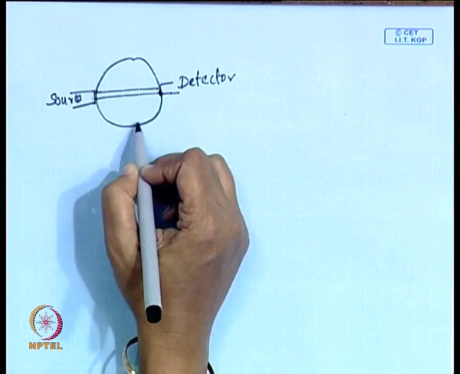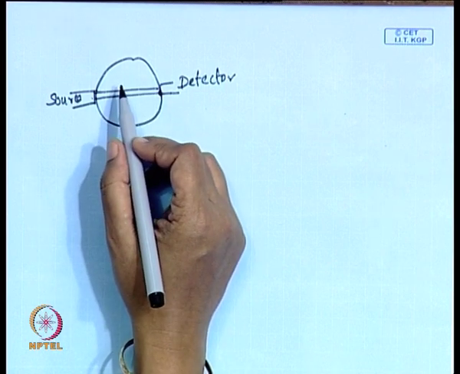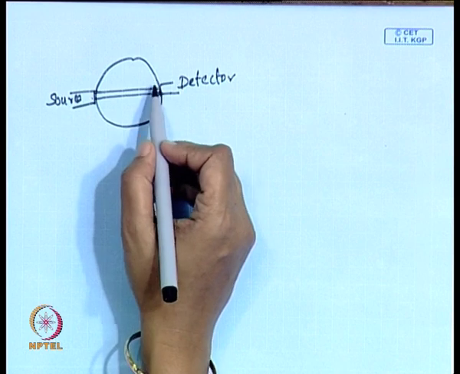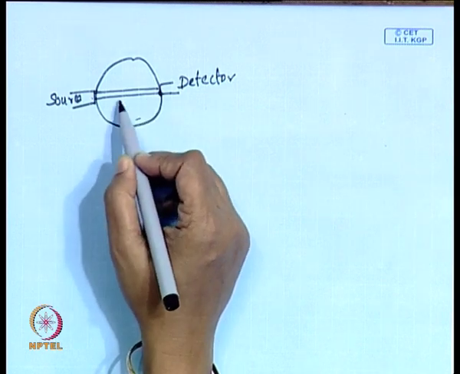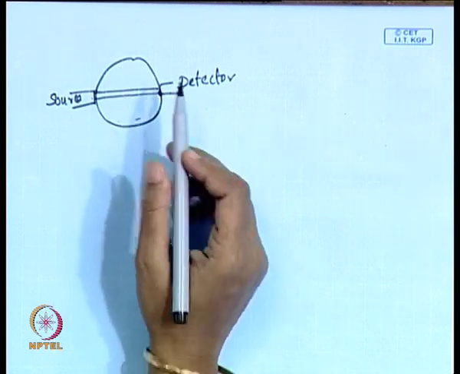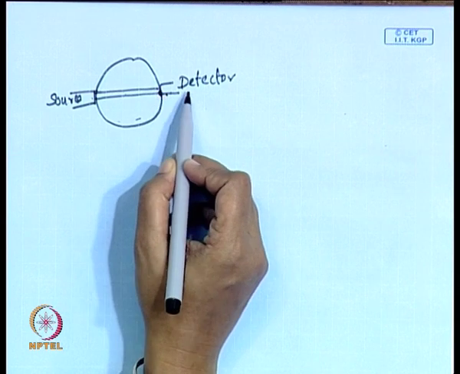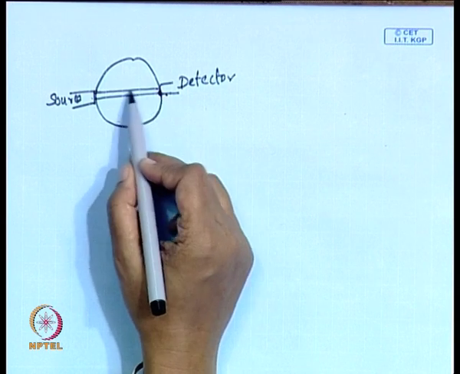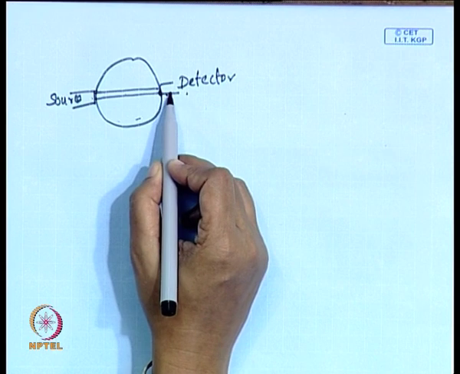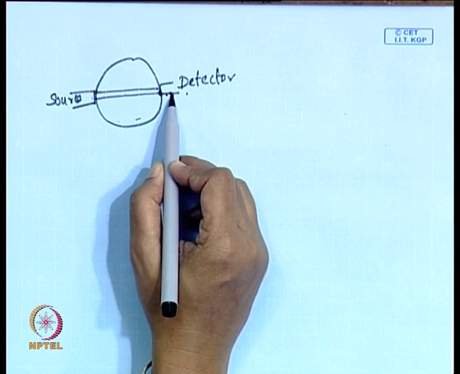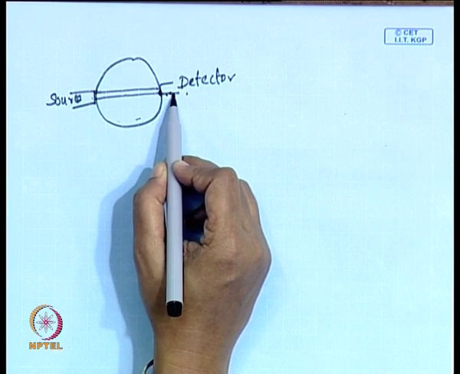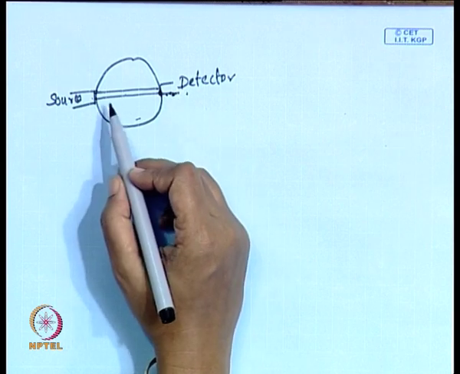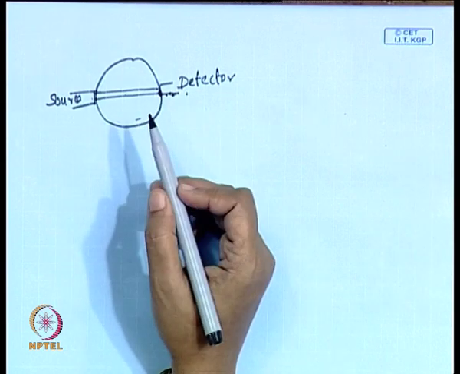In the process, a good amount of it gets absorbed. Some amount may be scattered also, and the rest will be transmitted. The amount which is transmitted falls on the detector, and we measure it, and from that we try to get a measure of the void fraction.